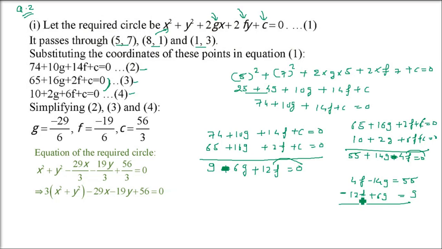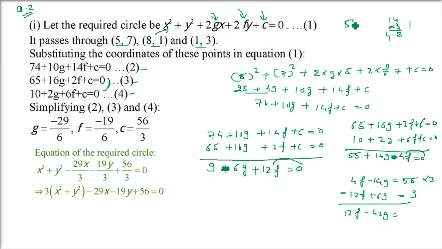So we just multiply the above equation by 3, so you get 12f minus 14 into 3, that's 42g.